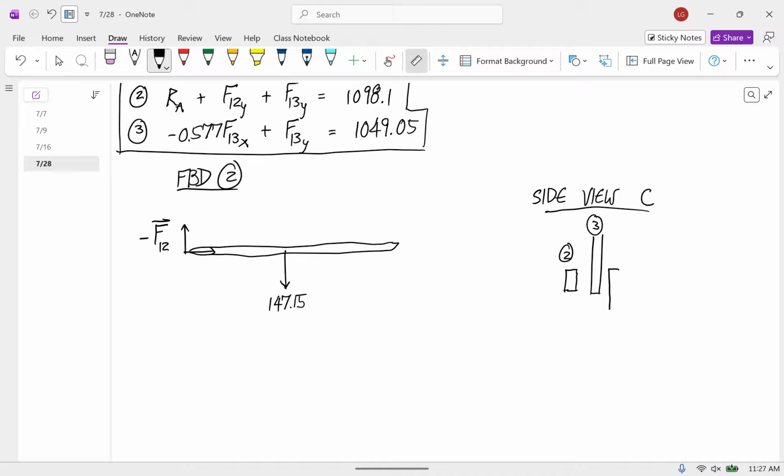And then we have a bracket connected to the ground and a pin connecting all of these. Now I am going to connect the joint to the lowest numbered member that connects at this joint. So this time I'm going to consider that pin to be part of member 2. So all of this is member 2.